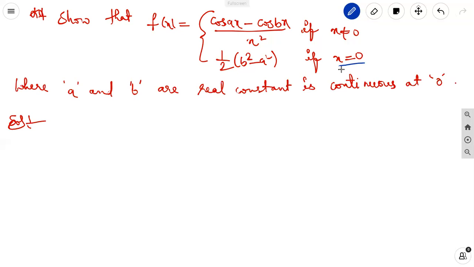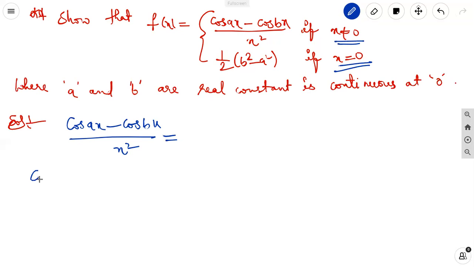See here, at x equal to 0, it is a constant value. At x not equal to 0, the function is in cos c minus cos d form. First, we can convert cos ax minus cos bx by x square into separate terms.